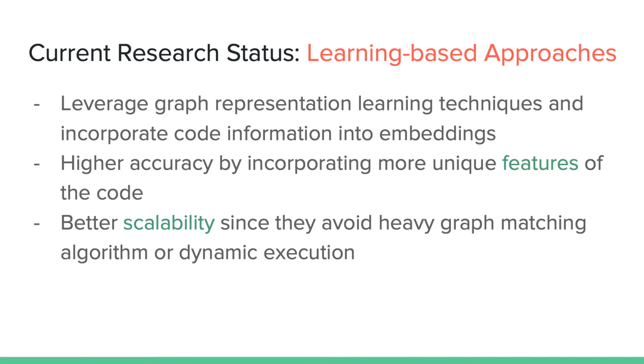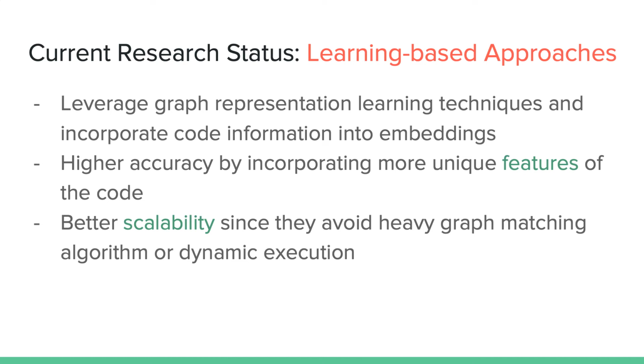Higher accuracy, because they can incorporate a lot more features than just static analysis. It's much more scalable, because they avoid the heavy graph matching algorithms and stuff like that.